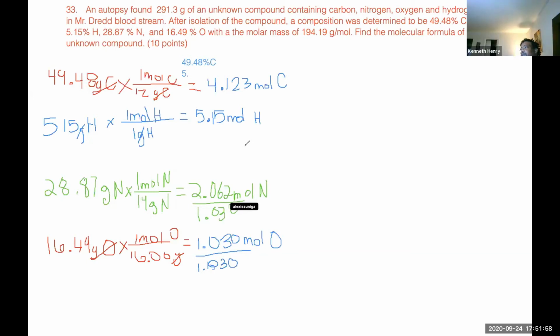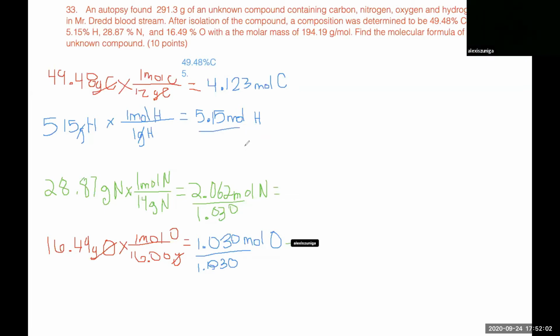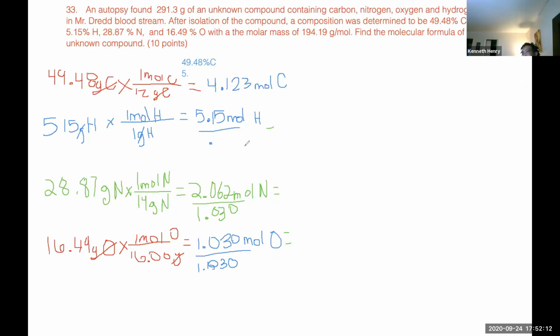Okay, Alexis, what do we do after that? After dividing everything by the smallest decimal, you should get the empirical formula. What happens if one of them gives me a really weird number, like 1.25 after dividing?